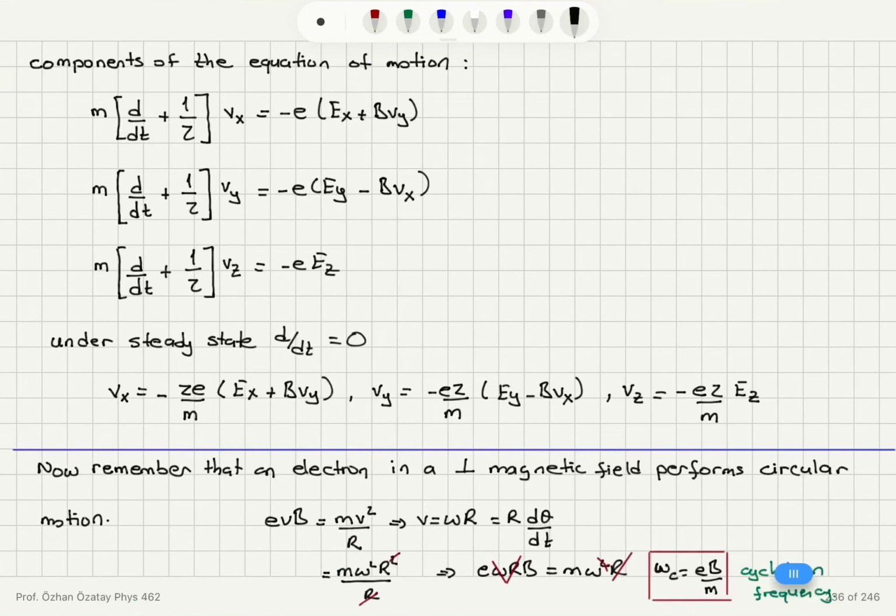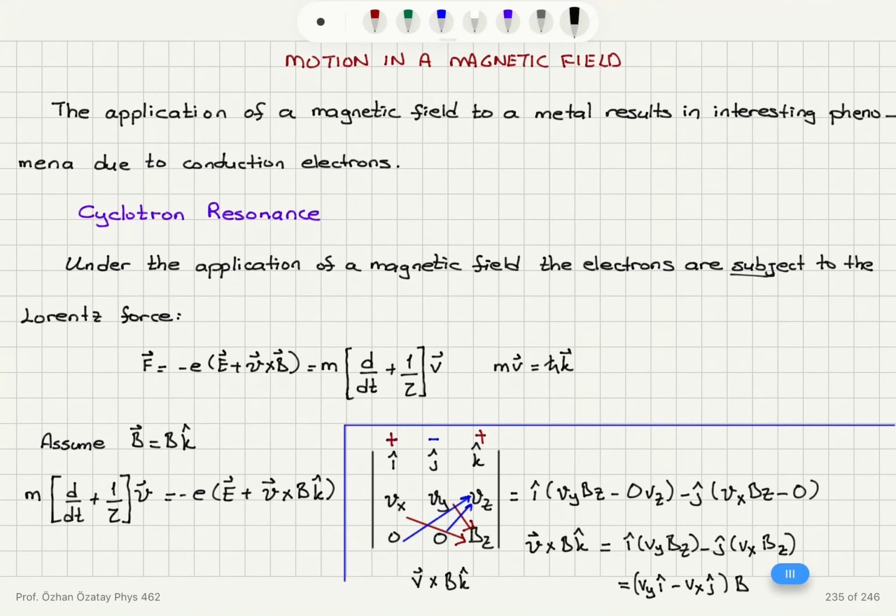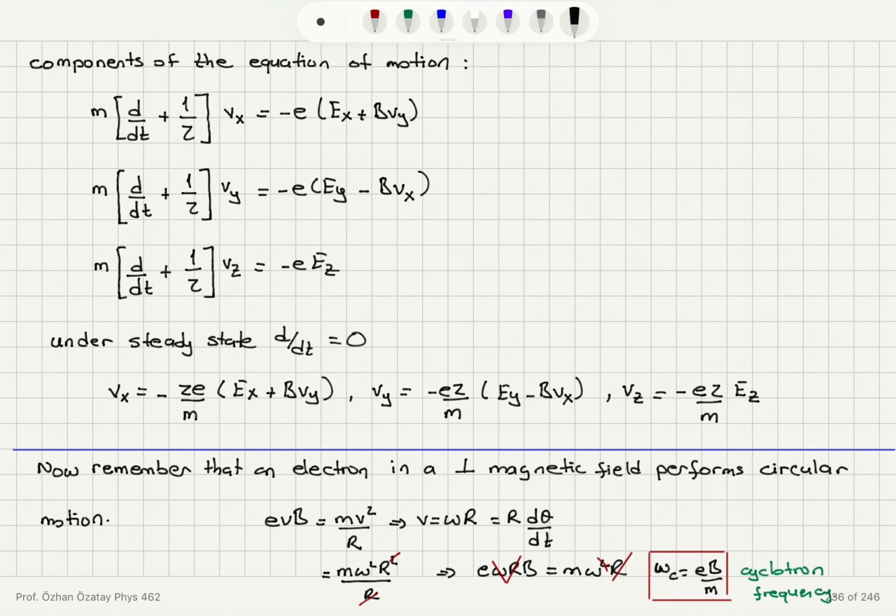Okay, so we have seen the effect of applying a magnetic field plus an electric field on a metal. The first effect we see is cyclotron resonance. When we solve Drude's model in the presence of this electric field and magnetic field, we can find the general expressions for the x, y, and z components of the velocity.